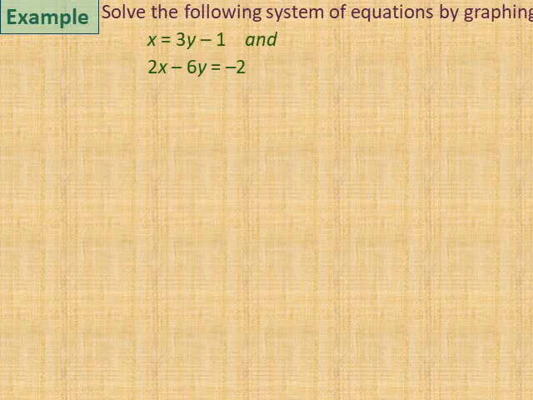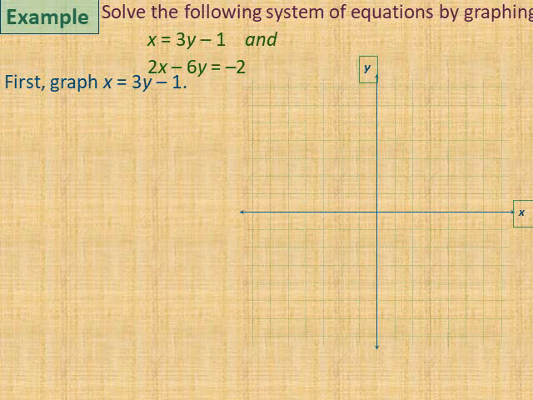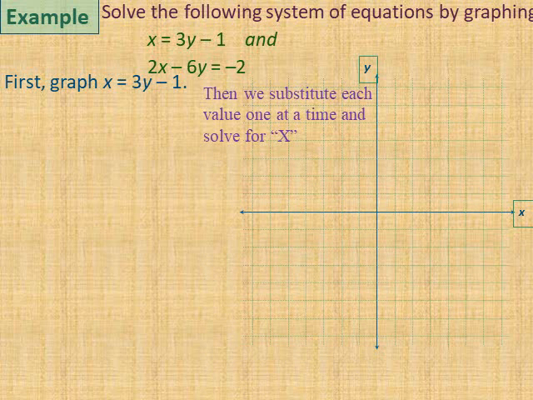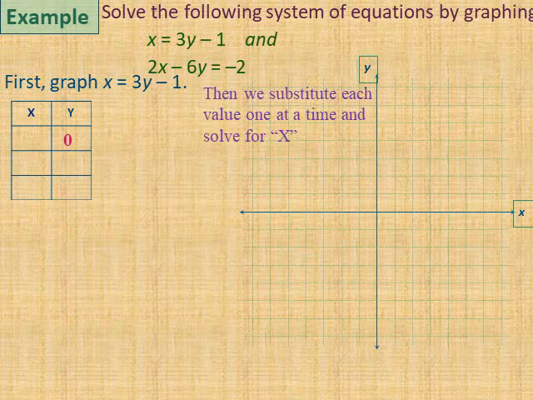Let's solve by graphing also. I have the first line x equal 3y minus 1, and the second 2x minus 6y equal negative 2. Let's first graph the first line, x equals 3y minus 1. I'm going to put values for y and then find the corresponding x. Put y equals 0.